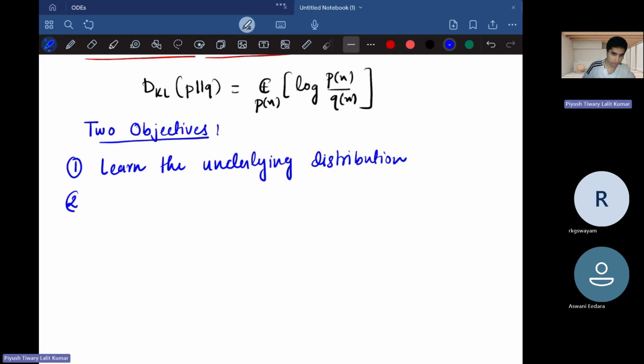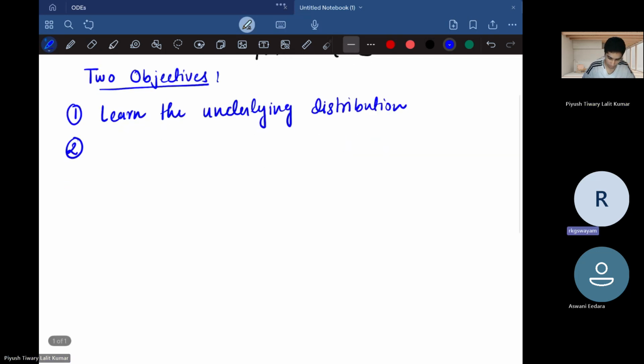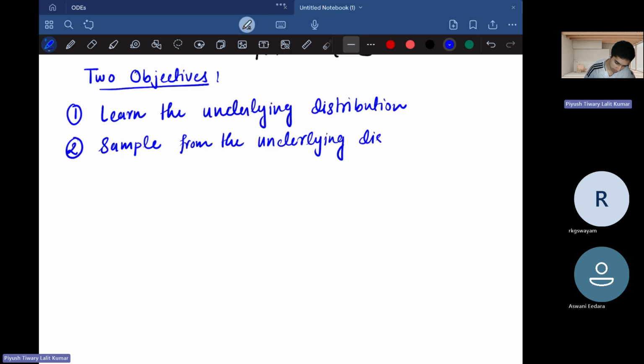What is the second objective though? First is, of course, learn the underlying distribution. And the second objective, which is what is practical, is that we want to sample from the underlying distribution.